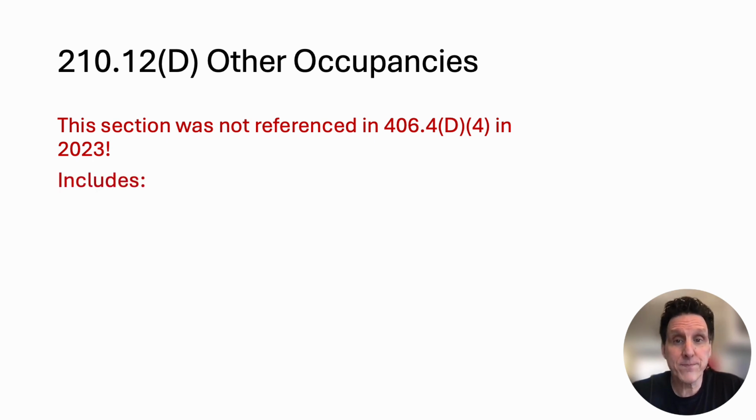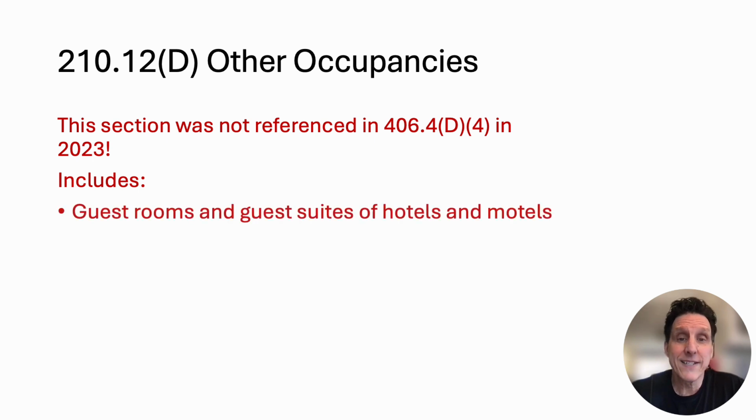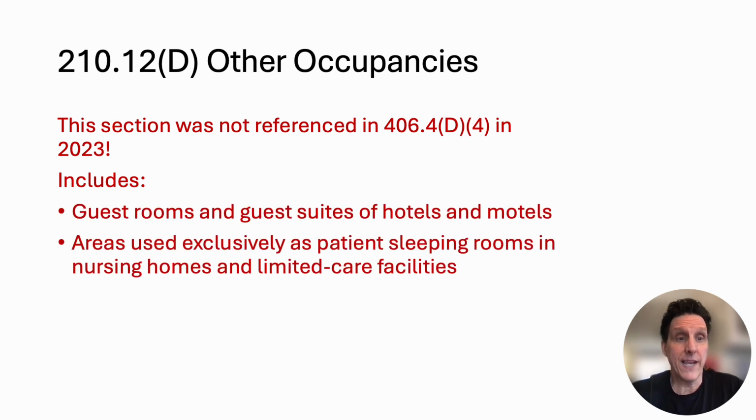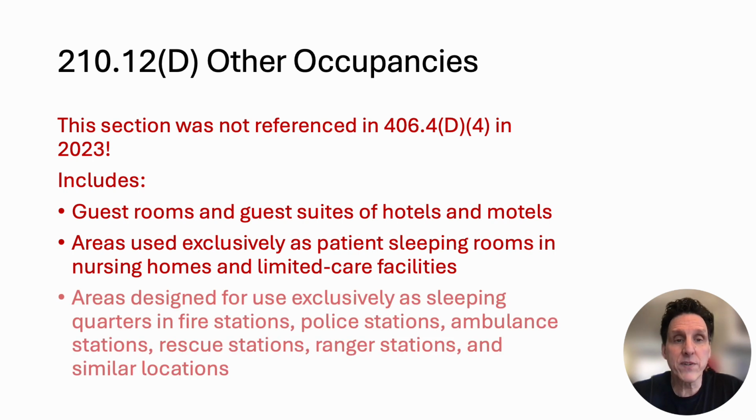And what areas are covered by this section? Let's take a look. Well, it includes guest rooms and guest suites of hotels and motels, areas used exclusively as patient sleeping rooms in nursing homes and limited care facilities, and then areas designed for use exclusively as sleeping quarters in fire stations, police stations, ambulance stations, rescue stations, ranger stations, and similar locations.